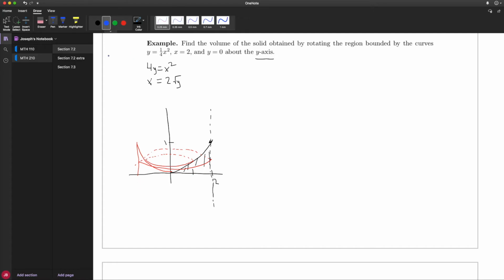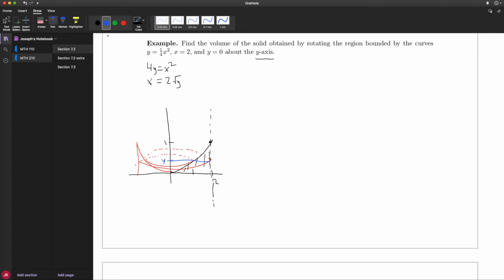Okay, so let's see if we can figure out what that is. So now, for every y value in this range, it looks like it's going to be 0 to 1. The outer radius is given by, now notice it's given by this line x equals 2, right? And that actually does not change no matter where your y value is in 0 to 1.